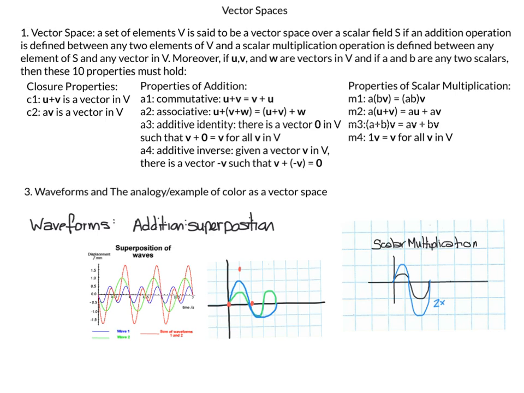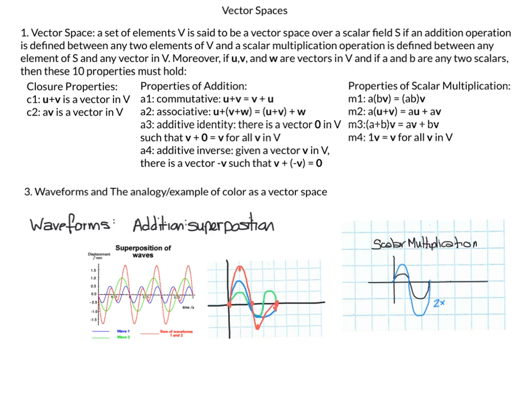And then over here at x equals 2.5, we have both values at -1. So now our addition is going to be down here at -2. At x equals 3, the green is at 0, so it's the blue waveform contributing. And then finally, at the very end, we get 0 again. So our addition vector looks like this.